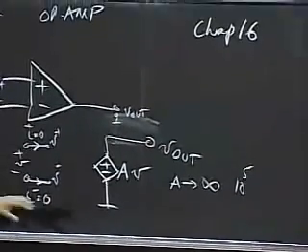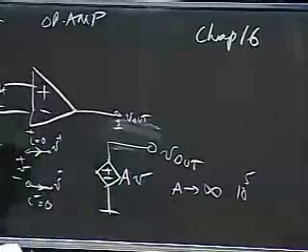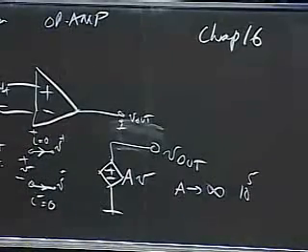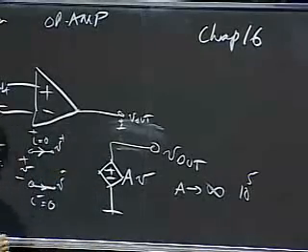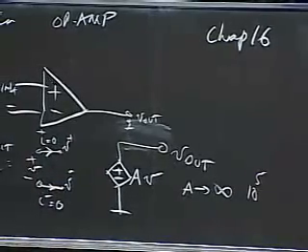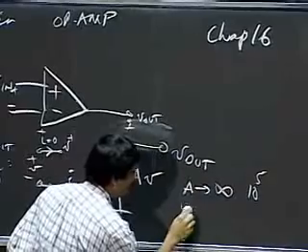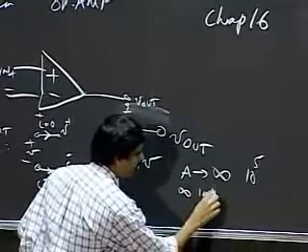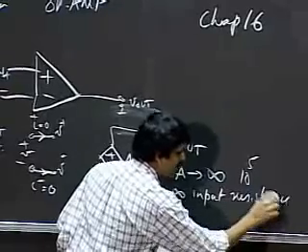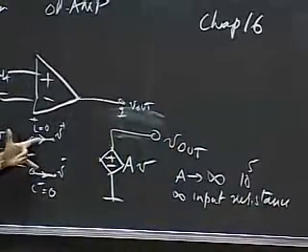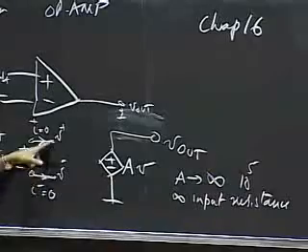Okay, huge A in this abstract amplifier. In addition to that, the other properties are that it's going to have infinite input resistance, infinite... that means looking in, this looks like an open circuit.